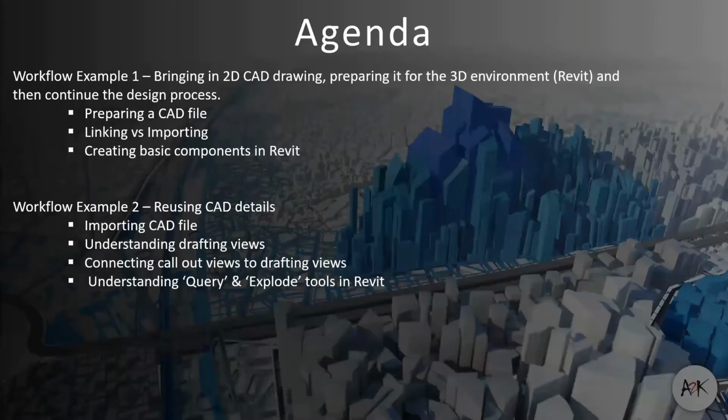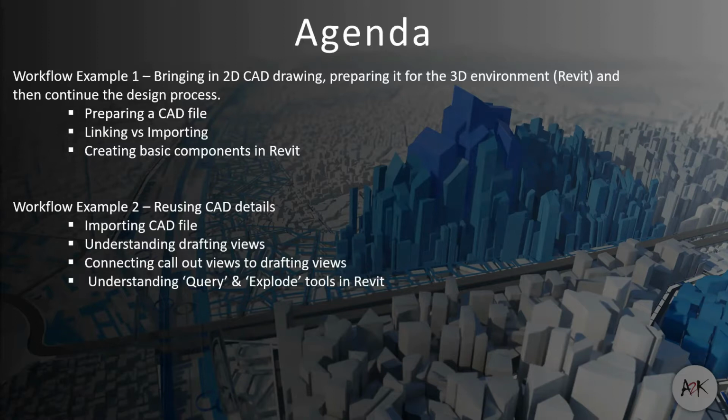Okay, so let's get to the meat of the webinar. I've got an agenda here so you know a little bit more about what points we're actually going to be going over. The first workflow example will be how we can bring a 2D CAD drawing into the Revit environment and then continue the design process.